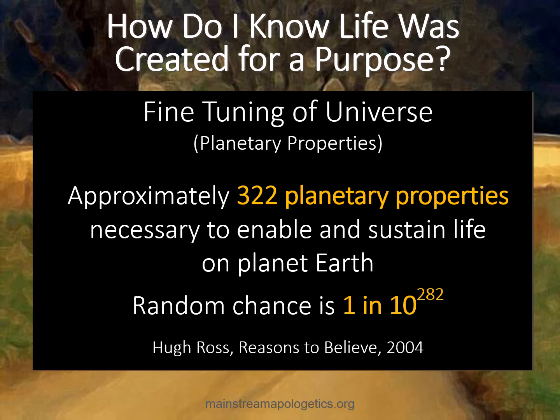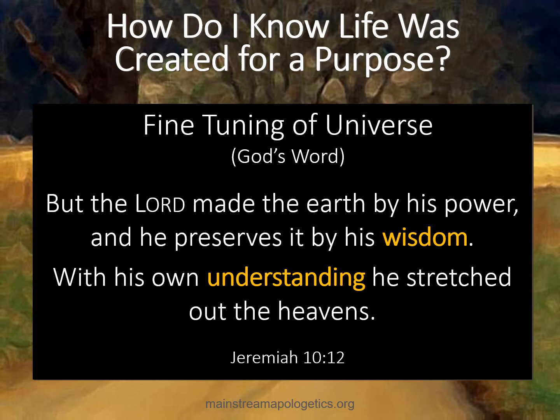However, there is no evidence to support the theory of multiple universes. The bottom line is that probabilistically, these cosmological and life support constants could not have happened by chance in finite time. What does the Bible have to say about the formation of these cosmological constants and planetary properties?